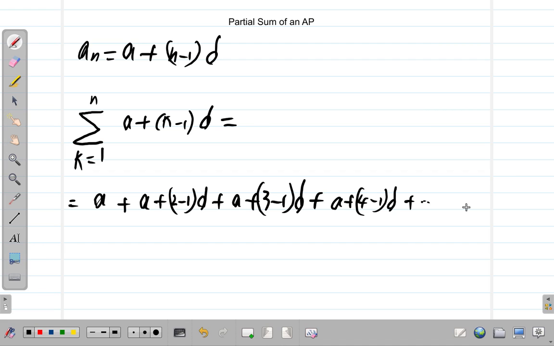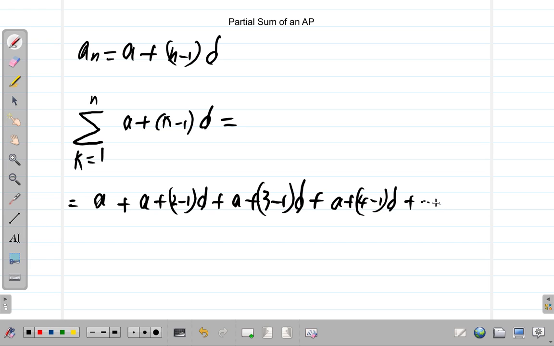But then we reach a point where we don't know exactly what that term position is. So we use n now. So if it was 50, just before 50 it will be 49 minus 1d, and so on.